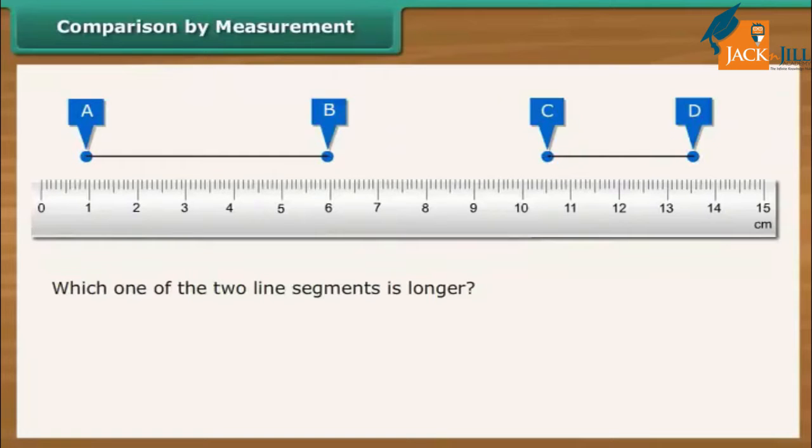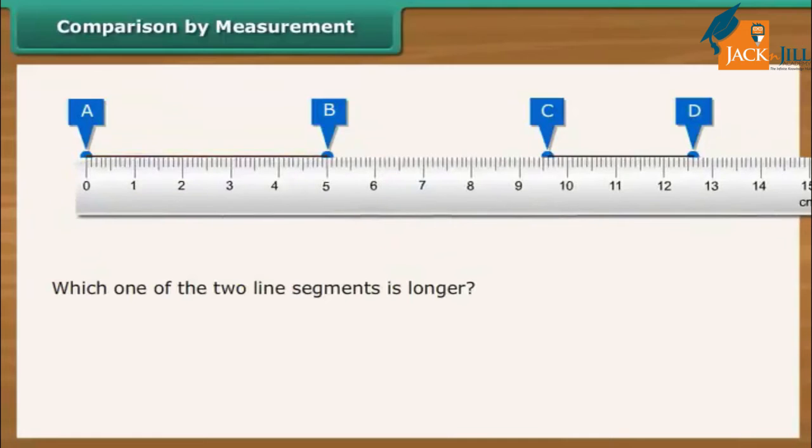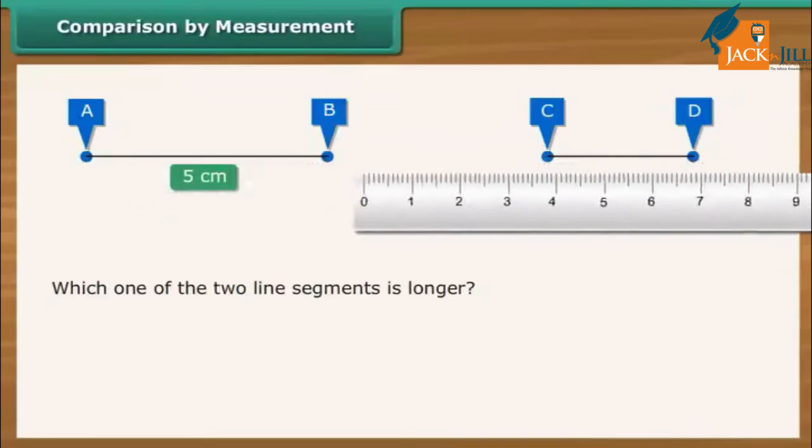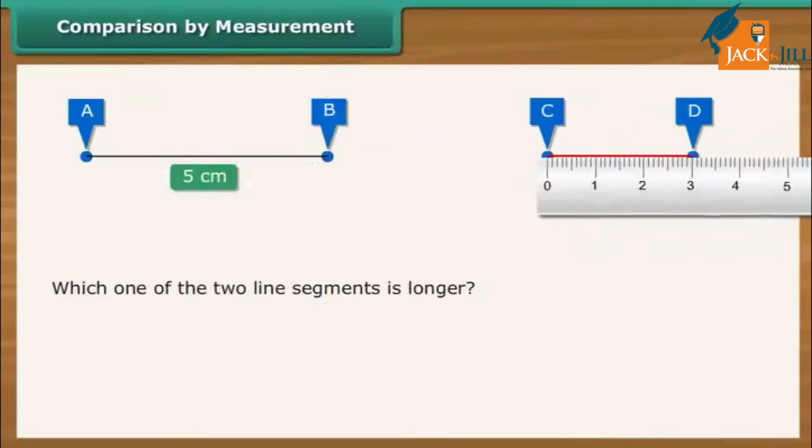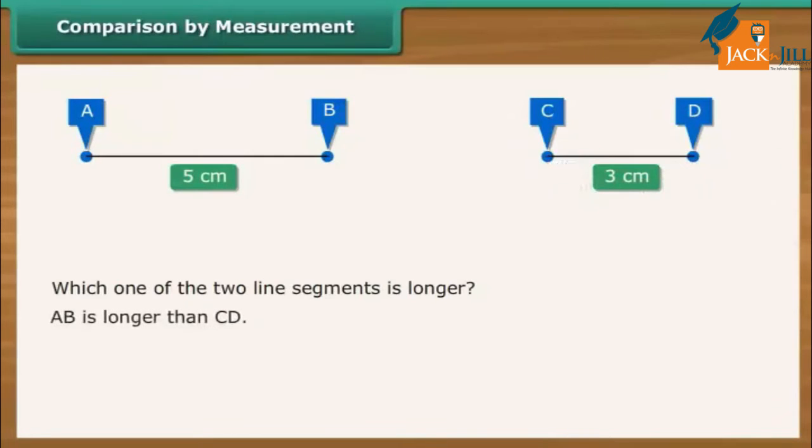Let us use the centimeter side to measure the line segments. Place the ruler beneath AB such that one end of the ruler is right beneath A. Mark the length of AB. It is 5 centimeter. Repeat the process for CD. The length of CD is 3 centimeter. Therefore, AB is longer.